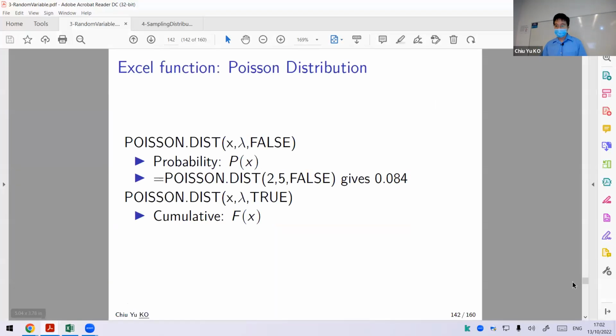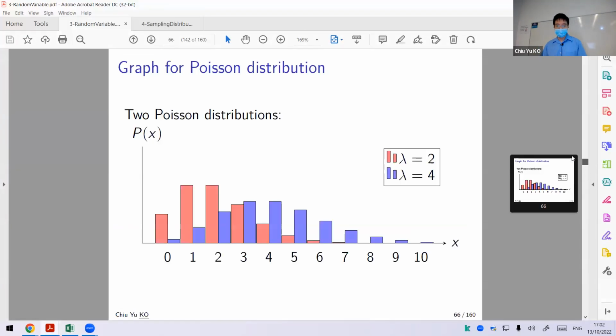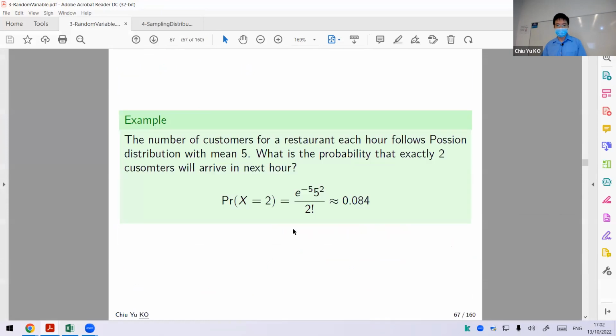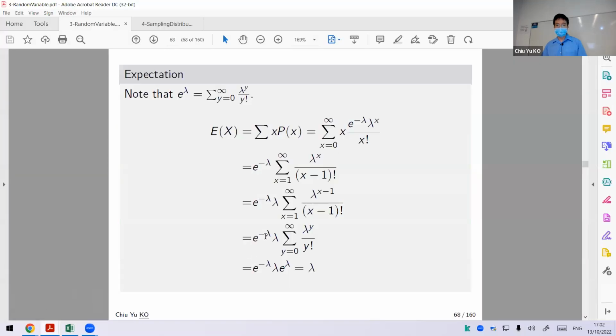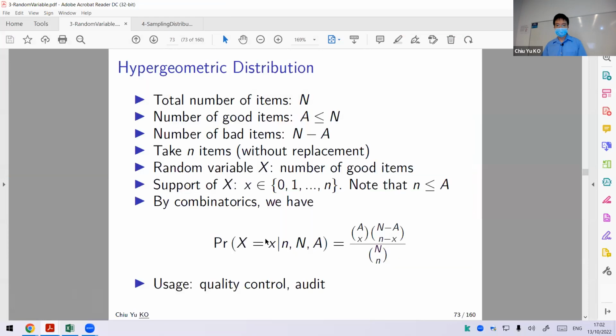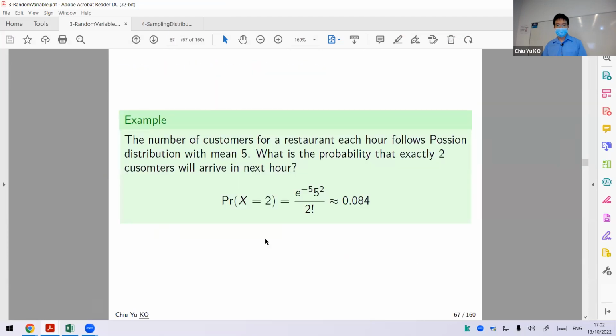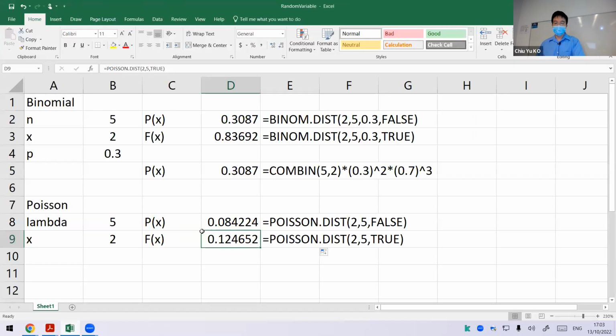In the question here we have a Poisson example, with 0.084. The next one, we don't have that, but you can be asked, for example, the probability that 0 to 2 customers arrive, so you need to calculate the cumulative. That makes things easier.